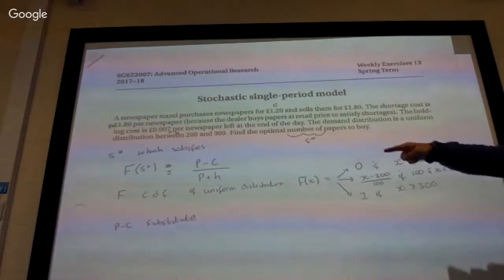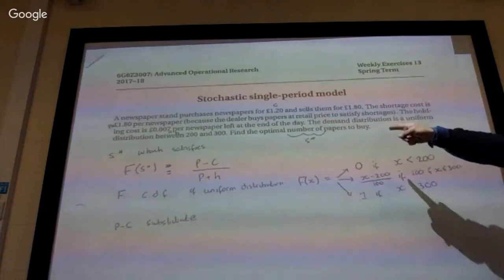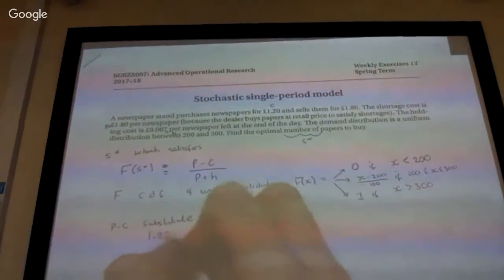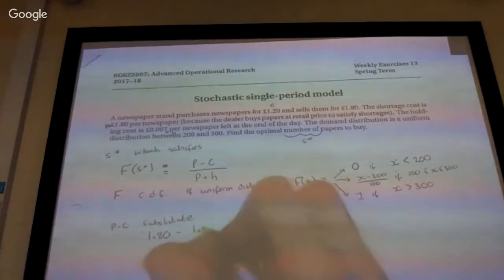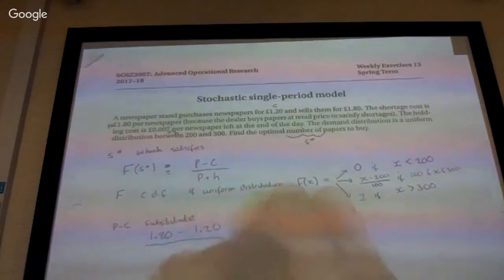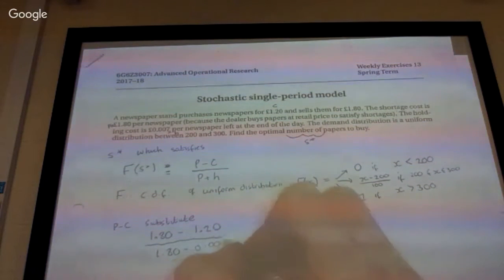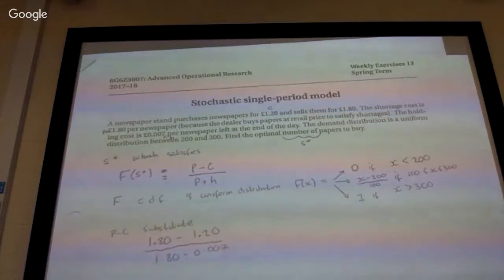I want the value of the fraction with these P, C, and H values. 0.497. Wait, what?